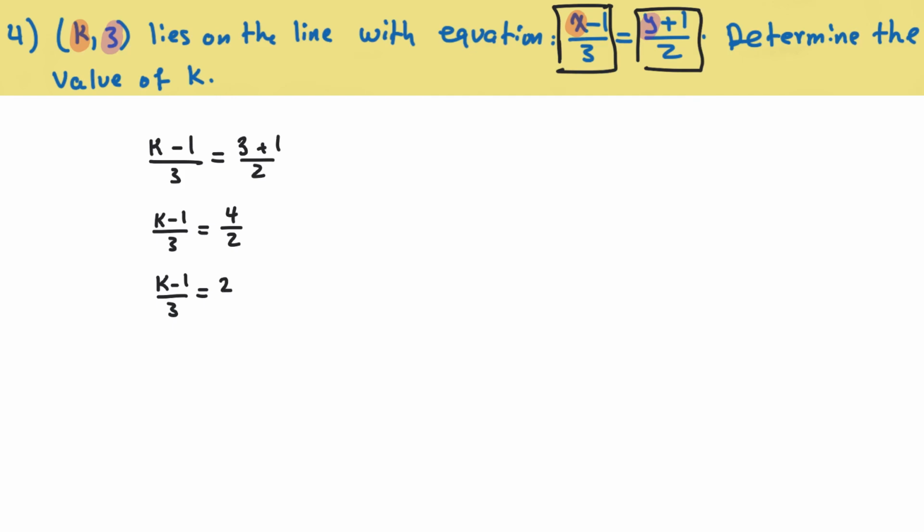I will then multiply both sides by 3, and I will get k minus 1 is equal to 3 times 2, which is 6. I will then add 1 to both sides, and I will get k is equal to 7. And that is my final answer for this.